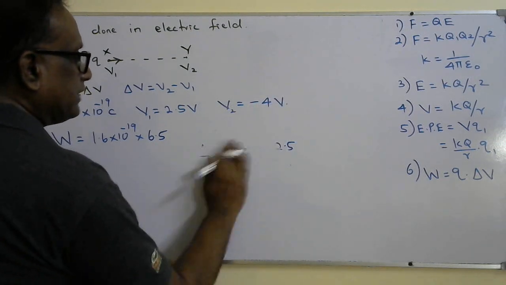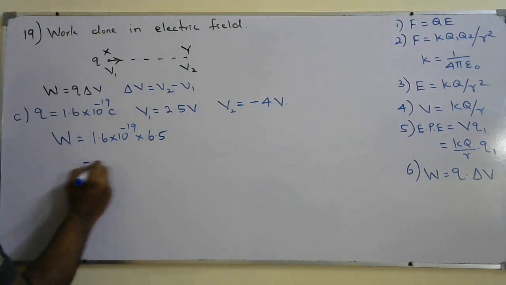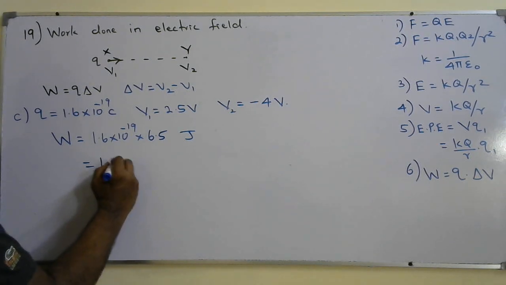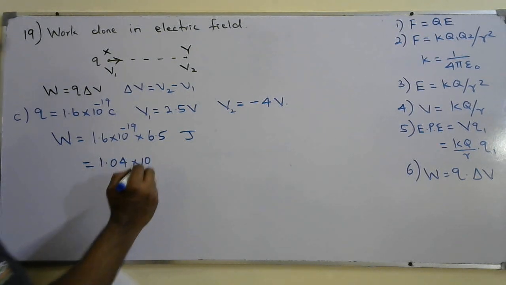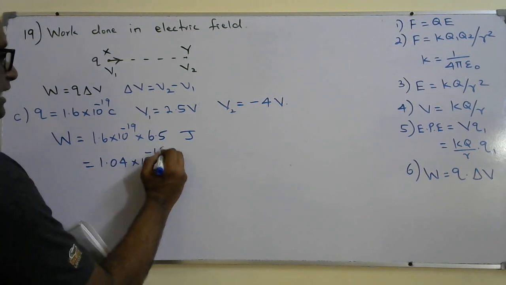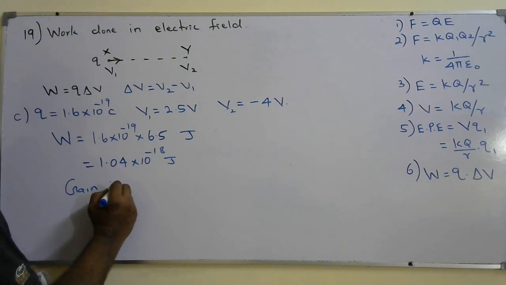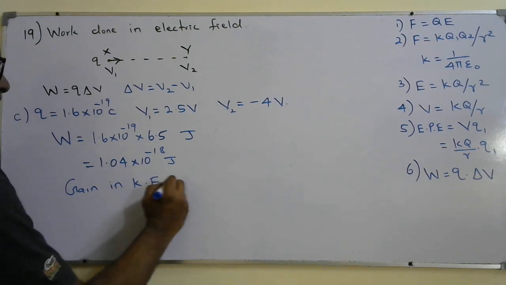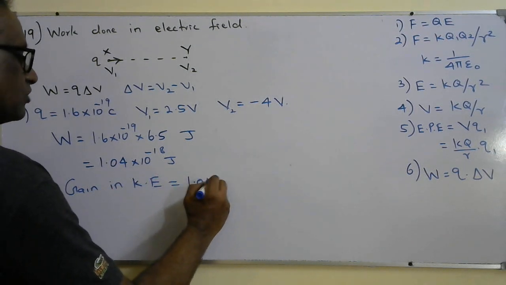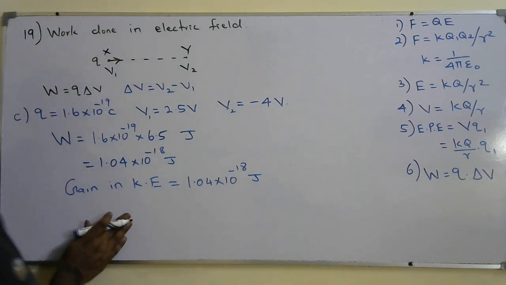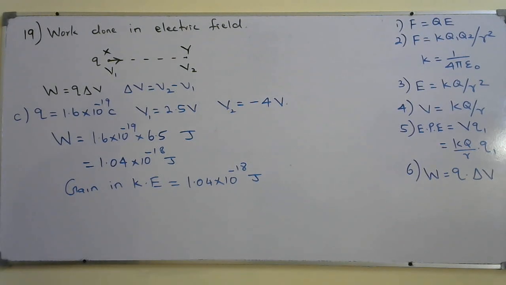When you solve this, you will get 1.04 × 10^-18 joule. So the gain in kinetic energy is 1.04 × 10^-18 joule, or the loss in electrical potential energy, the same numerical value, 1.04 × 10^-18.